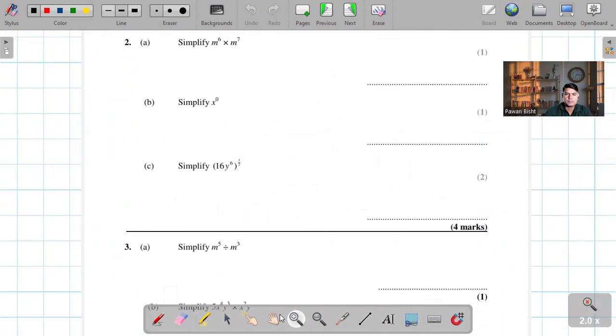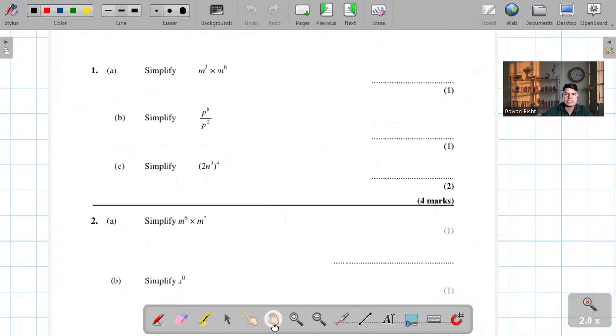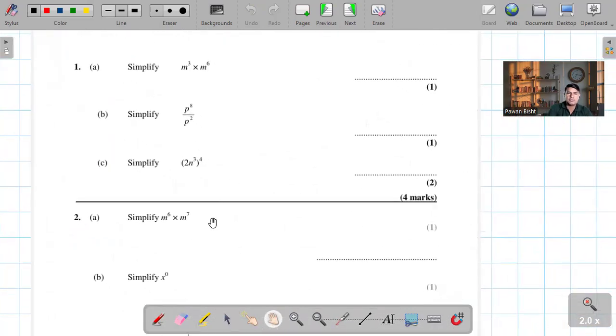First question, m to the power 3 times m to the power 6. Base is same, so we add the powers. It becomes m to the power 3 plus 6, that is m to the power 9. Second, p to the power 8 divided by p to the power 2.